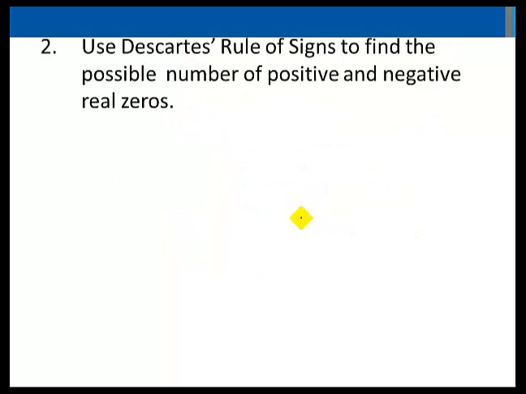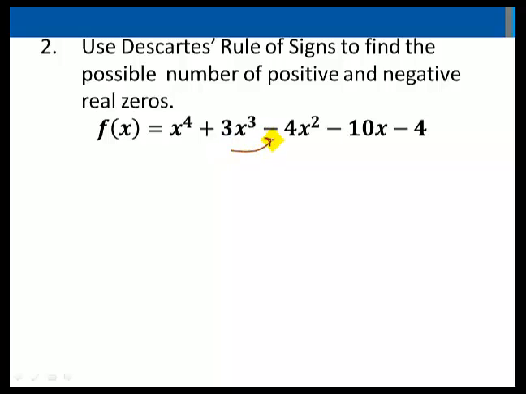We'll next use Descartes' rule of signs to find the possible number of positive and negative real zeros. To find the number of positive real zeros, we look for variations in sign of f(x). There's only one here, which tells me that we will have one positive real zero. The number of variations in sign of f(-x) determines the number of possible negative real zeros.